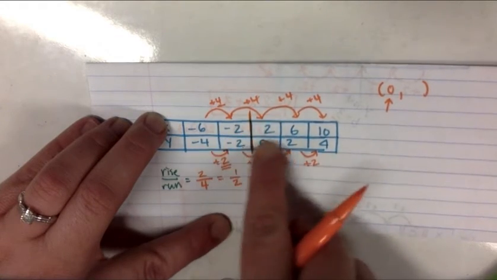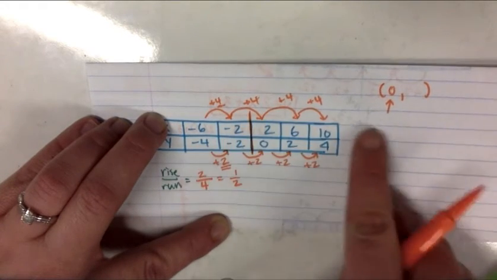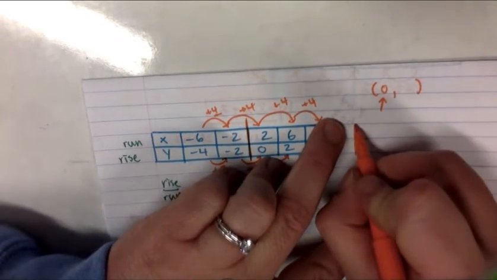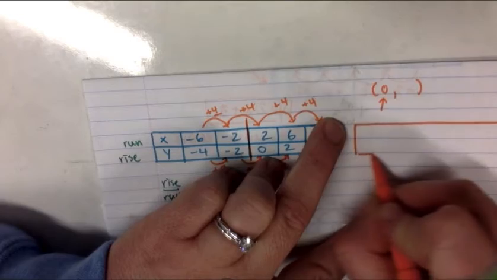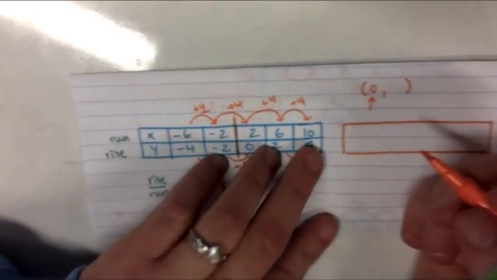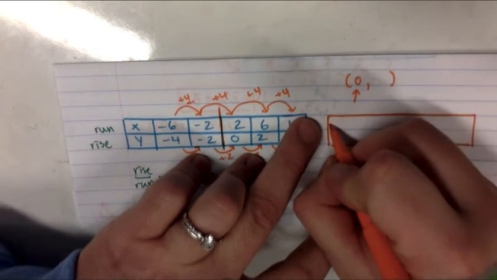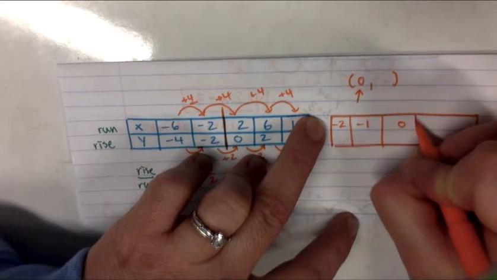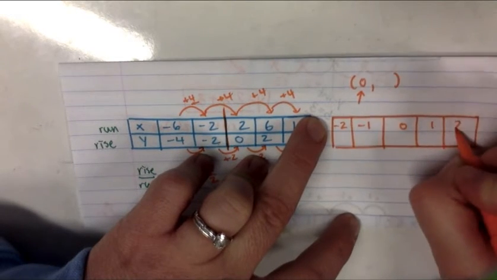I'm going to zoom in on this part of this table and create it over here so I can actually truly see what is happening. I'm going to break it down so I can see all of the whole number x values between there, just in case I need them all. So -2, -1, 0, 1, 2.